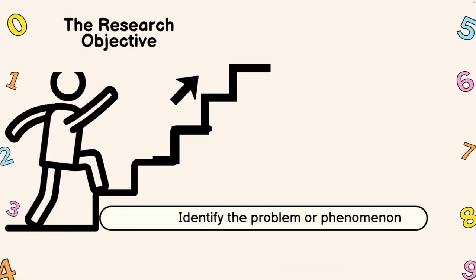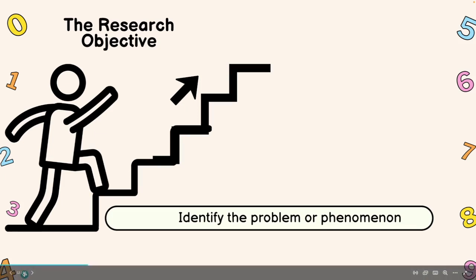So, just to orient you, we are going to embark on this journey of research, of scientific inquiry. And so you must be familiar with the steps involved. Before you can embark on any type of research, you first have to be sure of what the problem is.